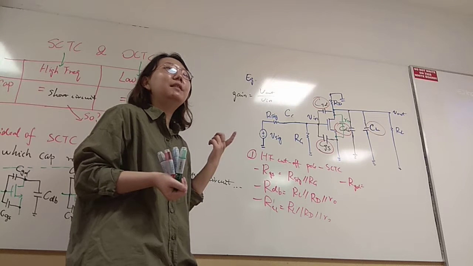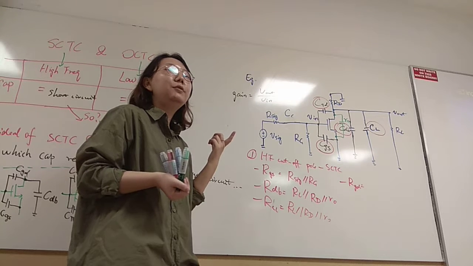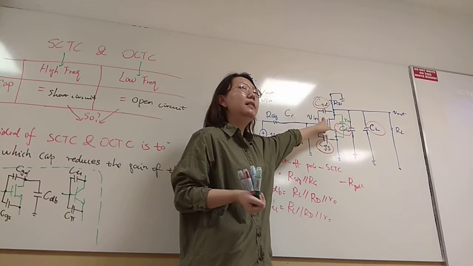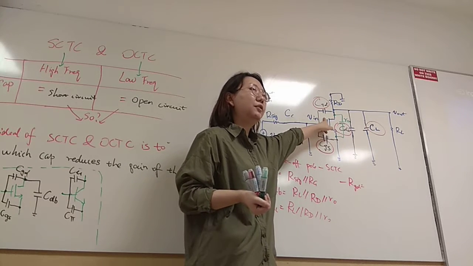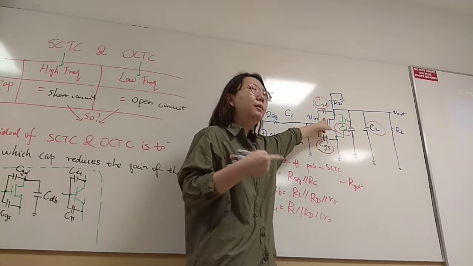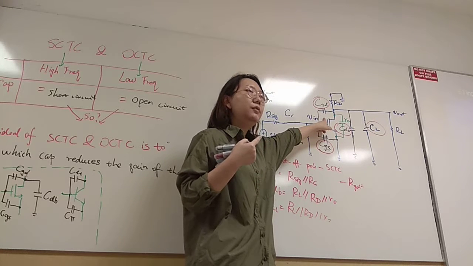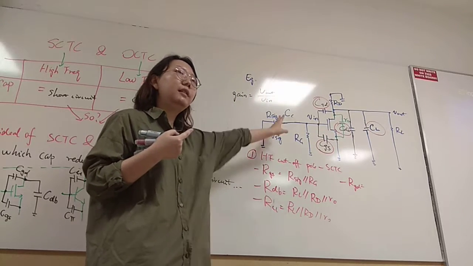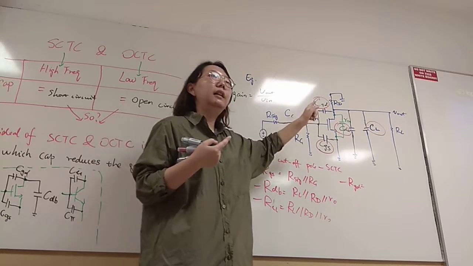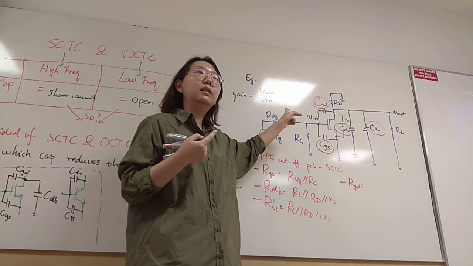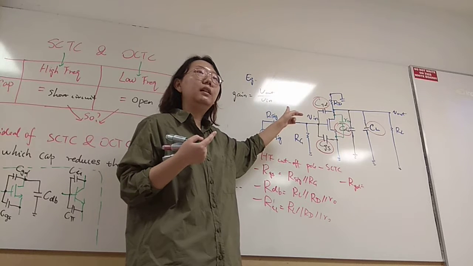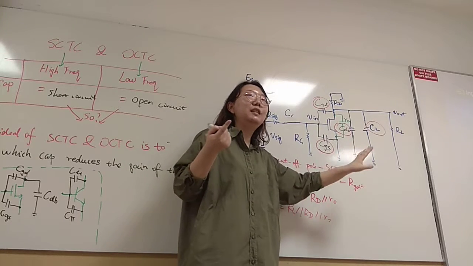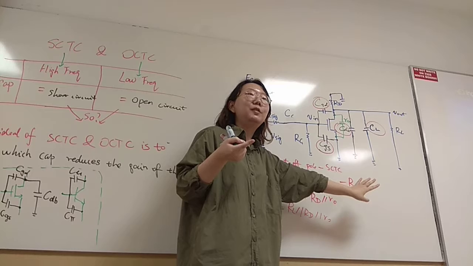The resistance seen by your CGD is actually the output resistance of your CG amplifier. You can use the same method here to find the output resistance of your CG amplifier, and you will find the same result. So if you want to see the full analysis, you go back to see how to find the output resistance.